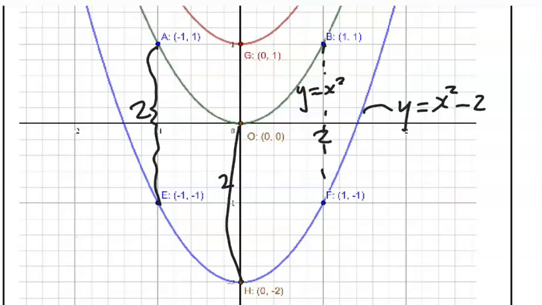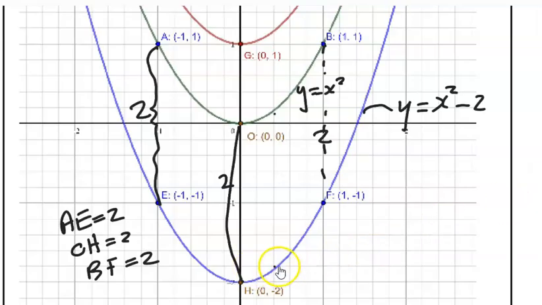So we have AE equal to 2, OH equal to 2, and BF equal to 2. And it doesn't matter where you take an x value. If you go vertically upwards, the distance between the graphs will be exactly 2 units.